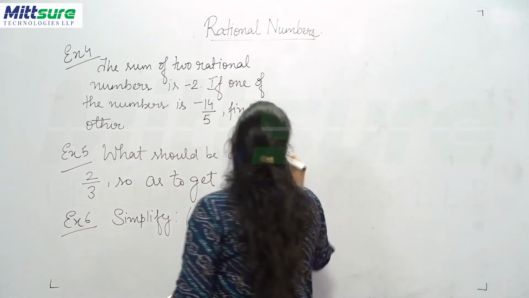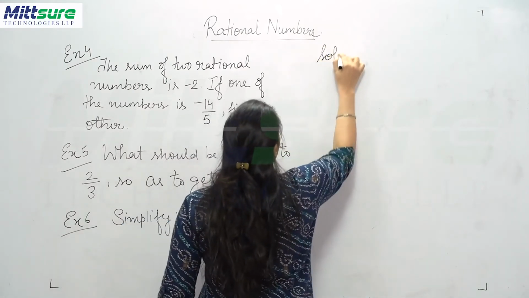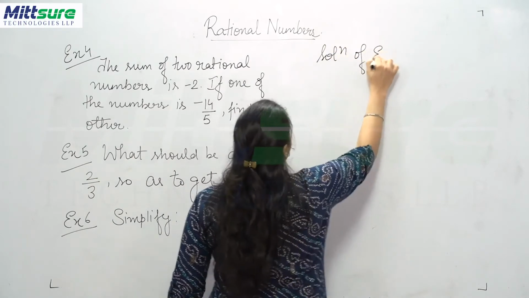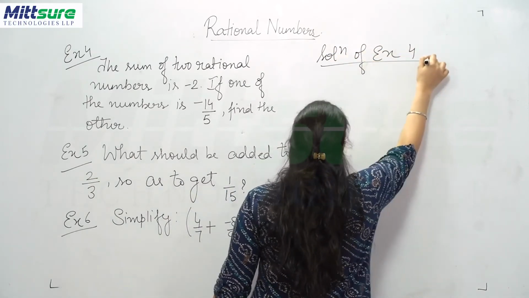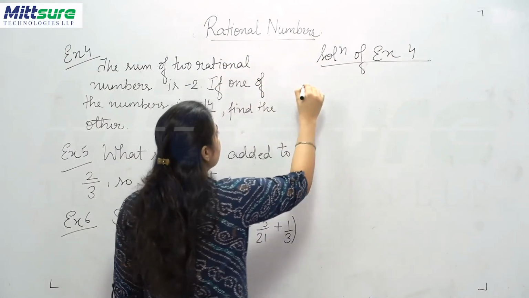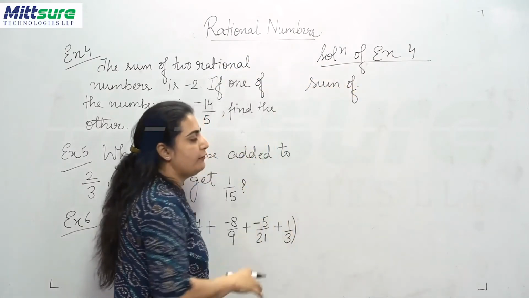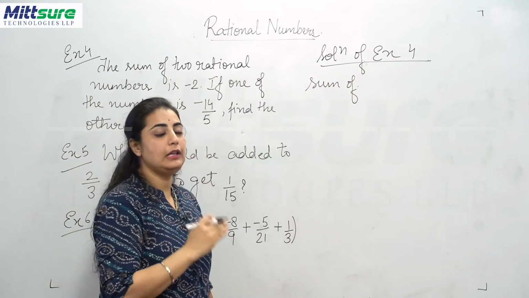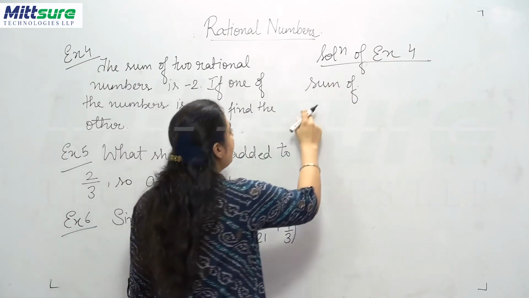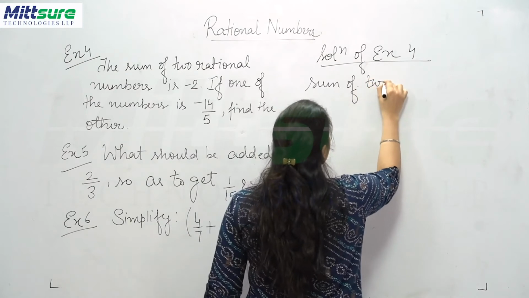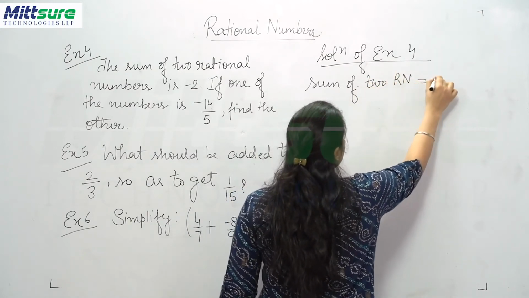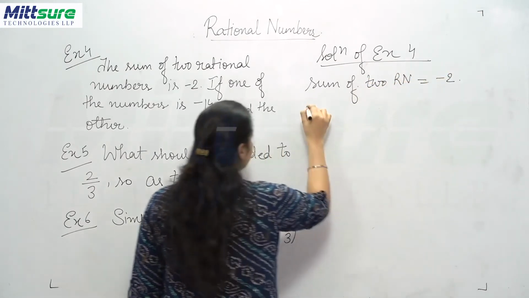So let's see the solution of example 4. Now, what is given to you? Always write whatever information is given to you in the question first. Sum of two rational numbers is equal to minus 2.